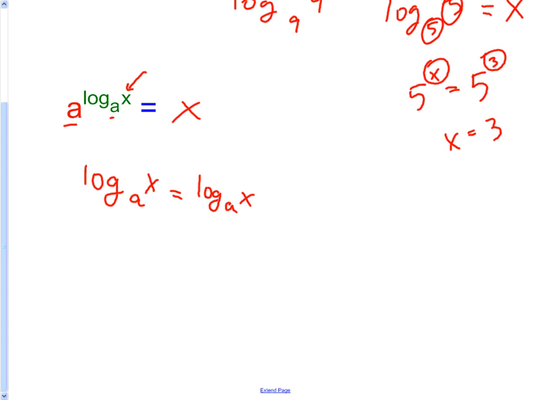So if these bases are the same, that's where the answer is. So that means if I have 5 to the log base 5 of 73, then what's the answer? 73.